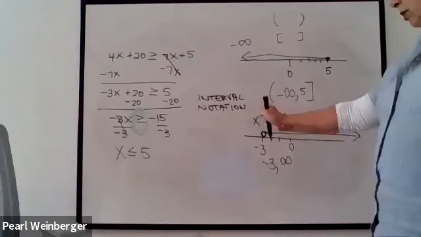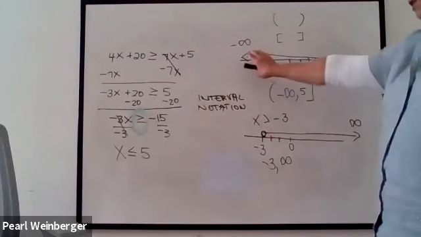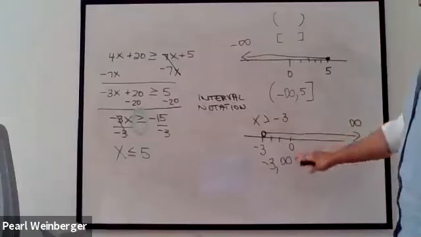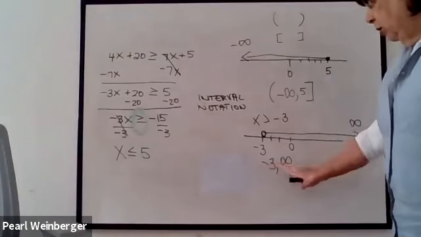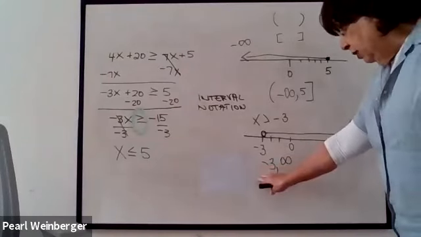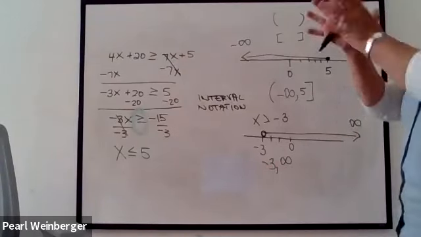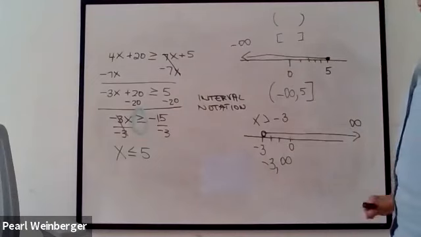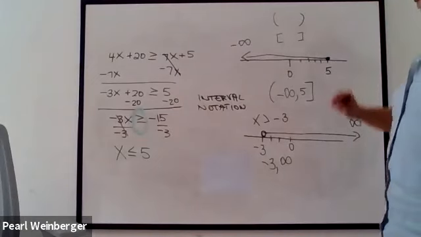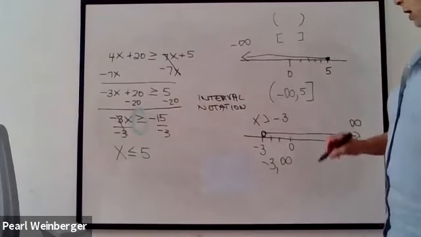So again, you're going to always have two numbers. Sometimes one of those numbers is an infinity sign, but it's considered a number. You put the number on the left side, the number on the right side. Now we put in our enclosure symbols, our parentheses.